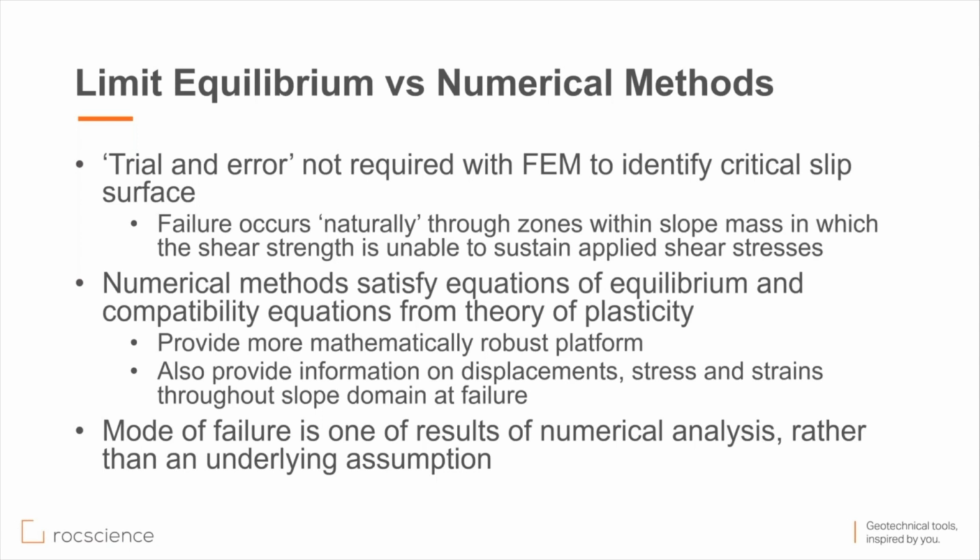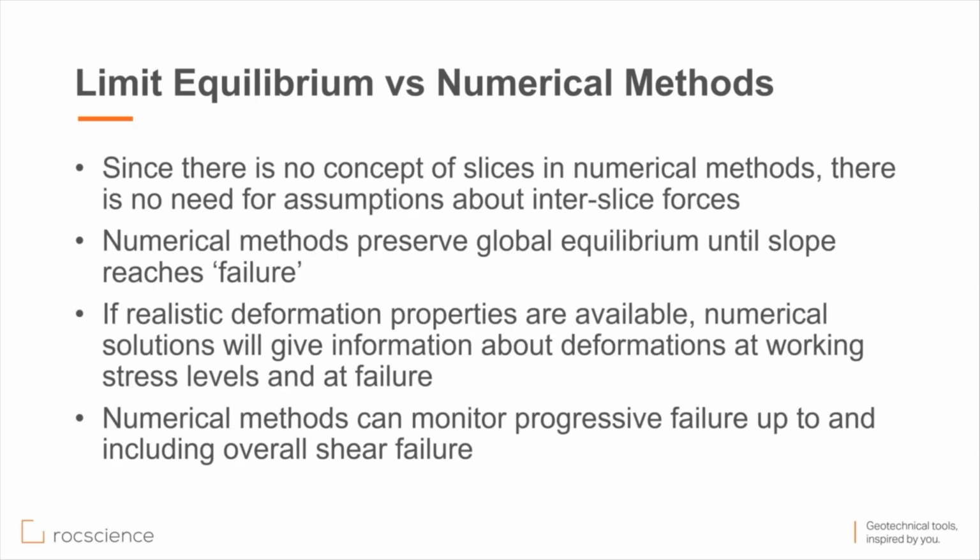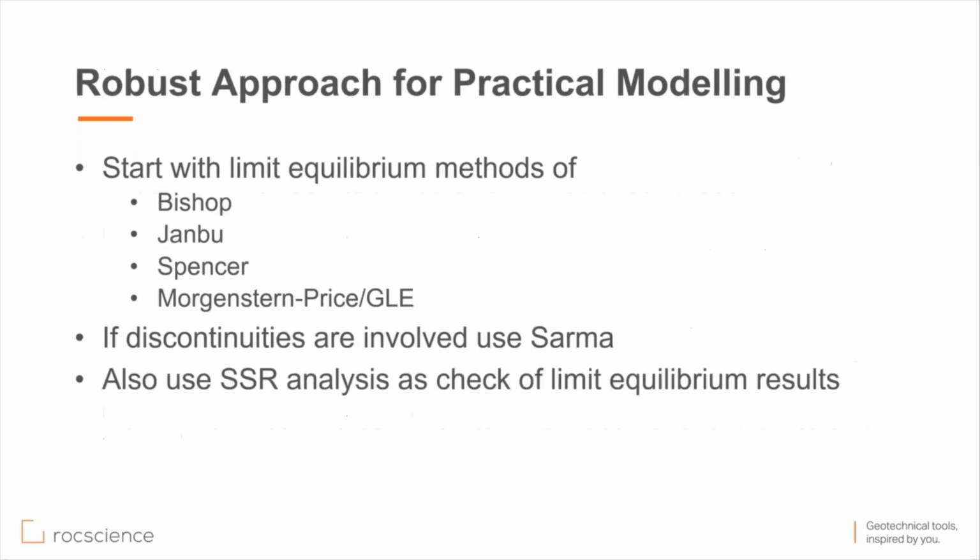So it is important that we also try the numerical methods because they give us another picture that can help us determine whether we have found the critical failure mechanisms and factors of safety of slopes or not. They have some additional advantages. We can look at them in the slides that we will provide later on.